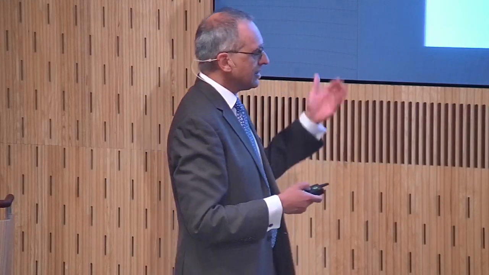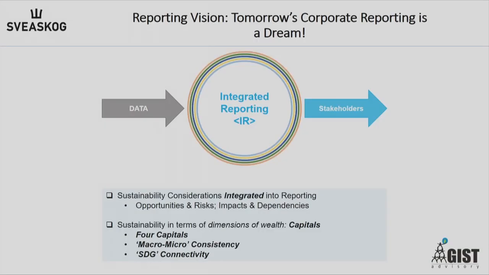And to do that kind of reporting, we need to graduate beyond what we have today, because here we will have to answer questions like, what's happening to the impacts of the 4 capitals? How much are you impacting the other capitals? You have to ask yourself, is it being done in a way that is consistent with the national level? Because the UN has already begun measuring national performance on the basis of what they call inclusive wealth, which means what's the total amount of natural, physical, human, and social capital.